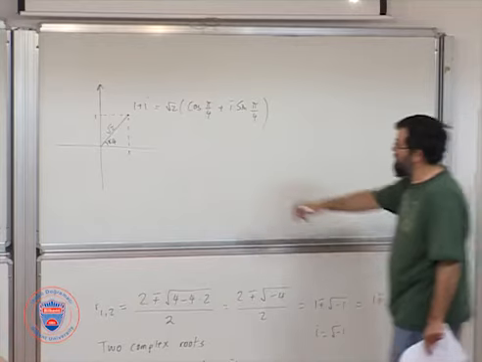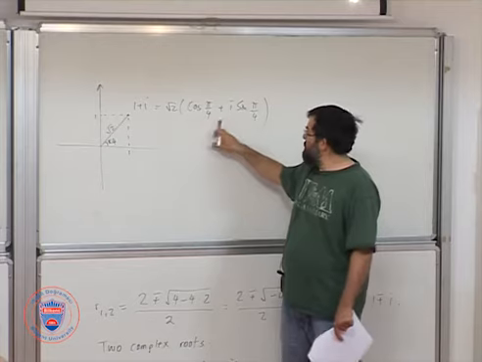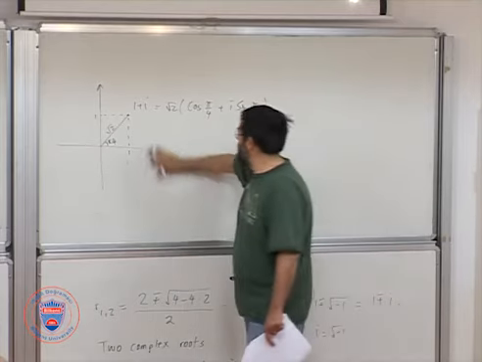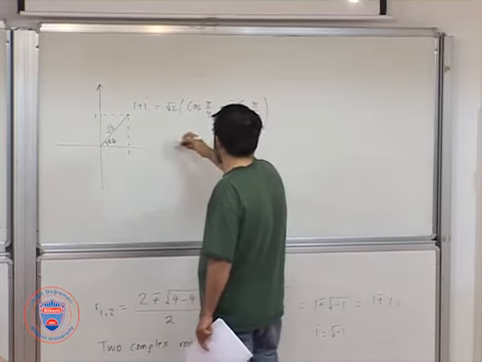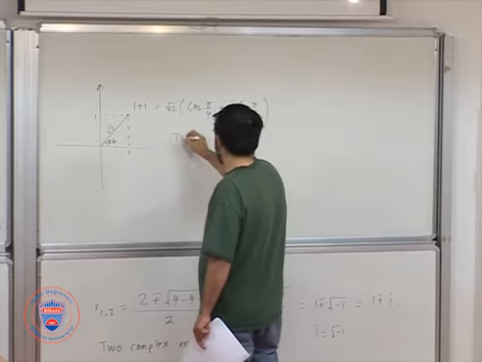So you can easily write it by calculating its distance to 0 and then finding the angle. Each time you see a complex number, you'll have to do this. Once you find this, then life is easy because with 1 minus i, you get a minus sign here.